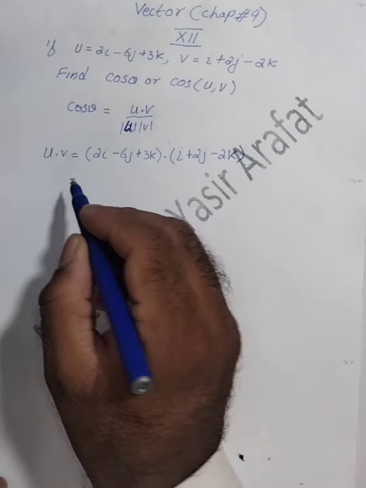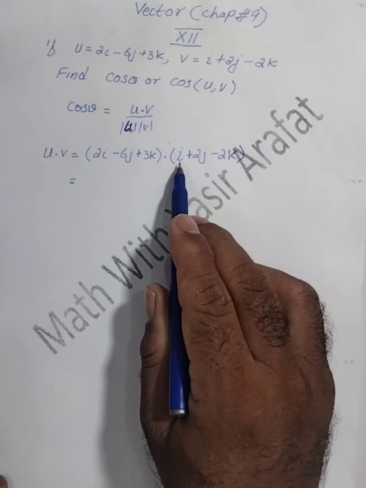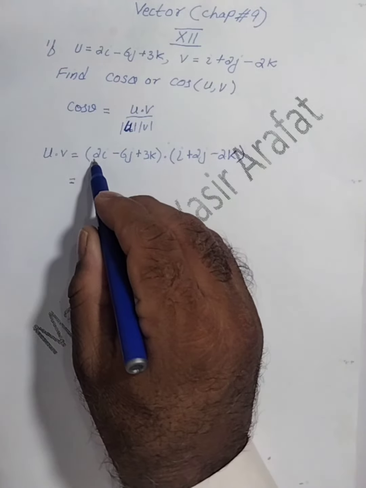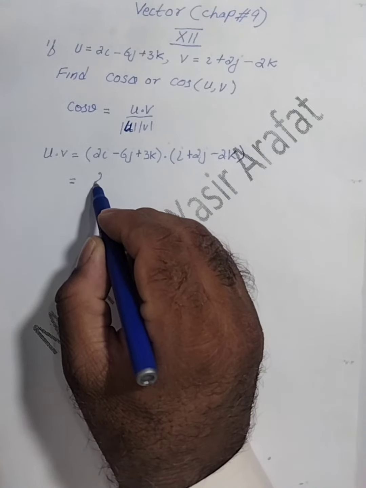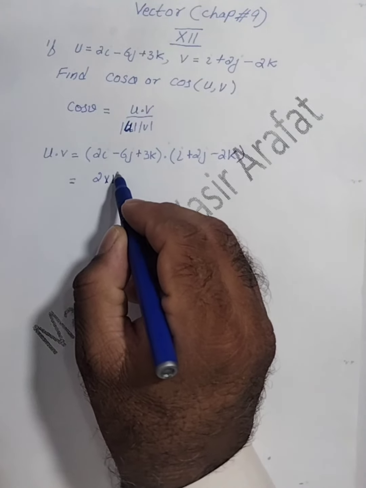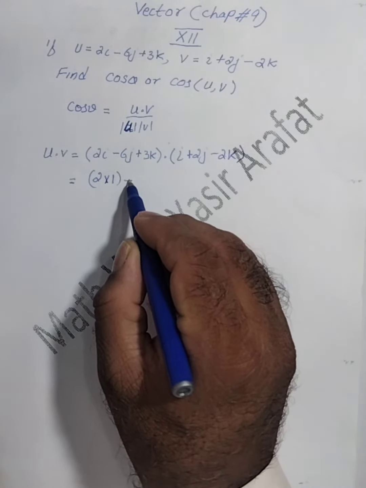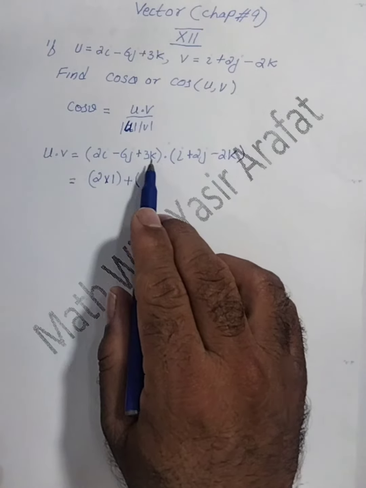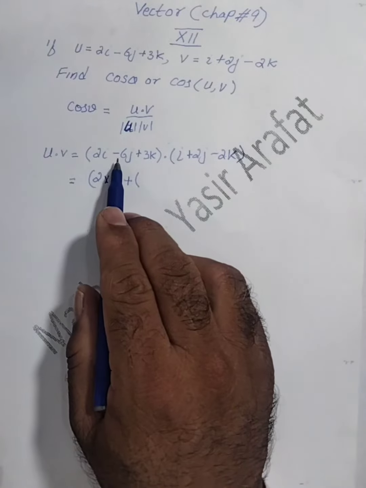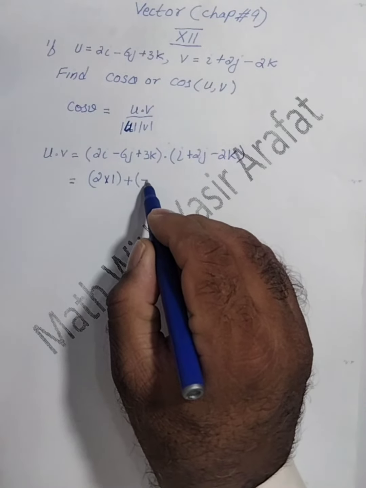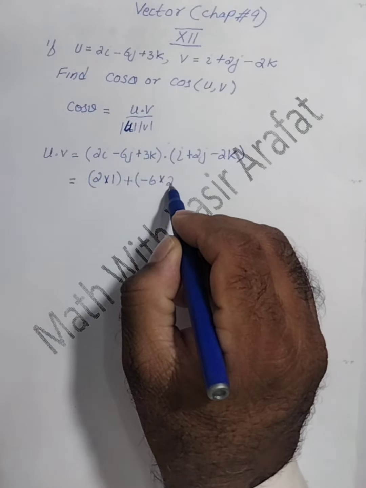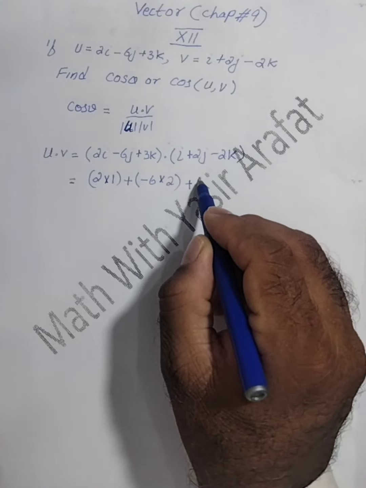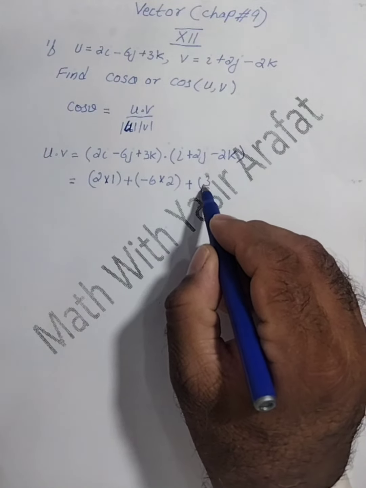Dot product, the coefficient of i multiplied by the coefficient of i. So this is 2 multiplied by 1. The product of i component, and the product of j component, and the product of k component. So minus 6 multiplied by 2, 3 multiplied by minus 2.